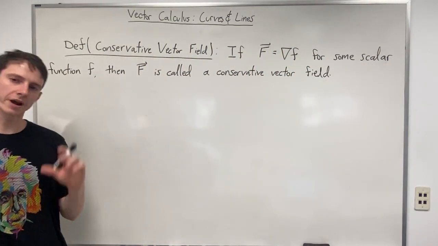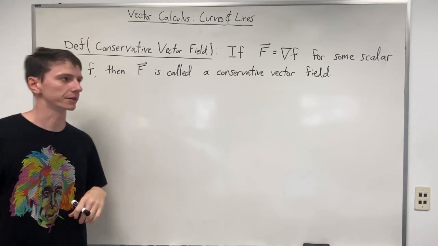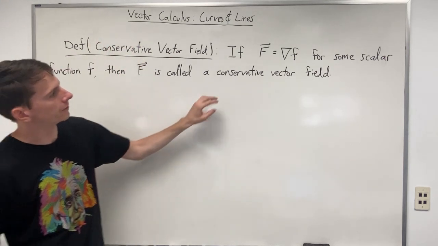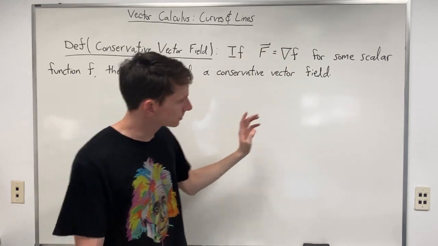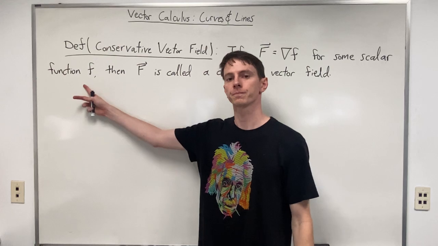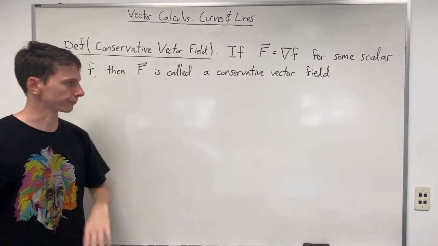All right, so we have the definition here for a conservative vector field. Let's go through that together. It says that if uppercase F is the gradient of lowercase f for some scalar function lowercase f, then uppercase F is called a conservative vector field.